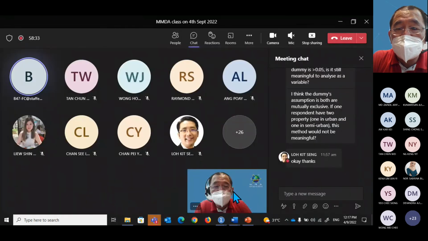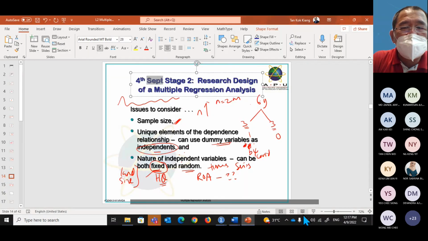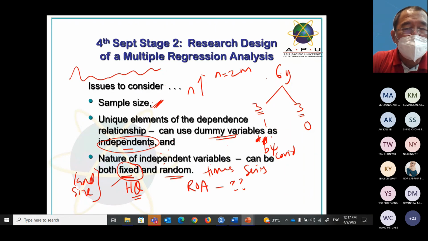Hi, sir. I do have a question. I'm still a bit confused on the usage of this multiple regression. I just pasted a photo on the group.